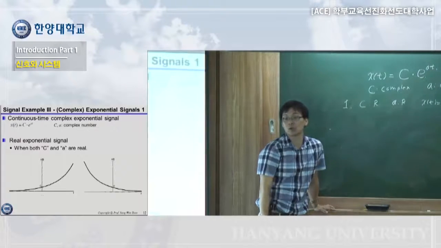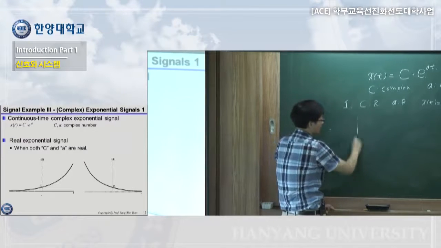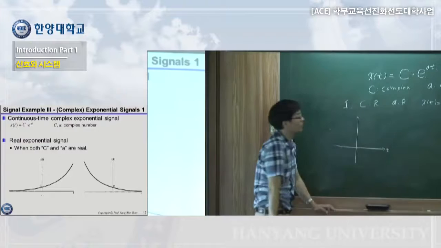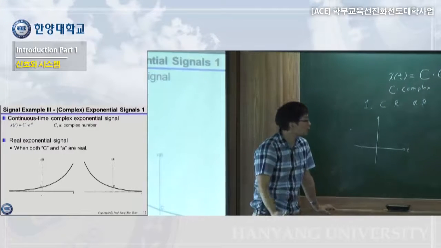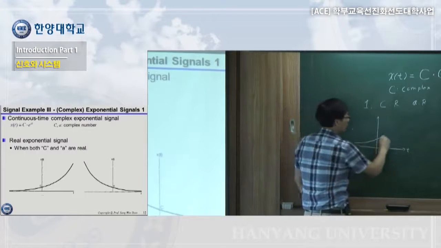How do they look when you plot in time domain? Well, exponential, right? So they will be shown as exponential like this.